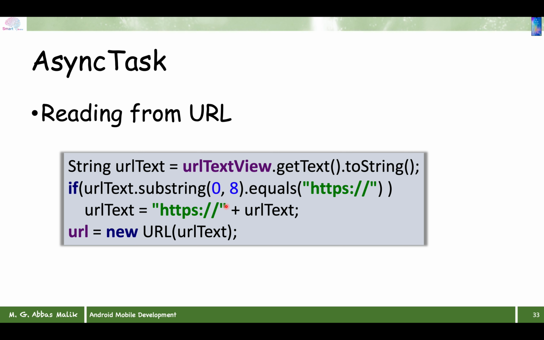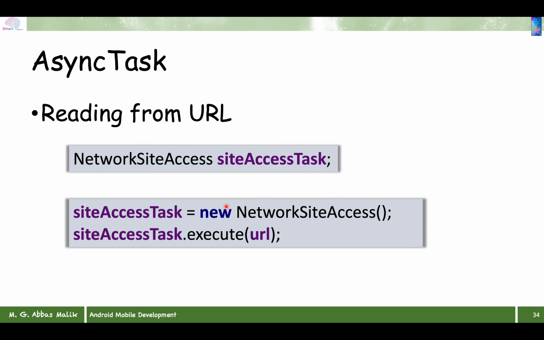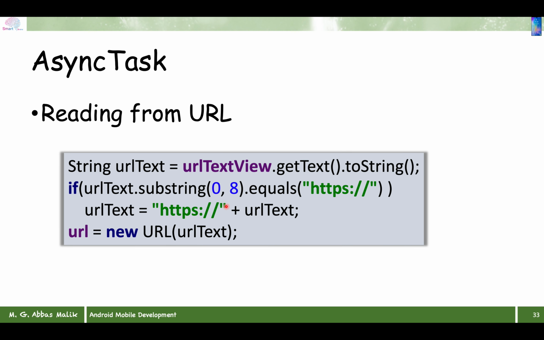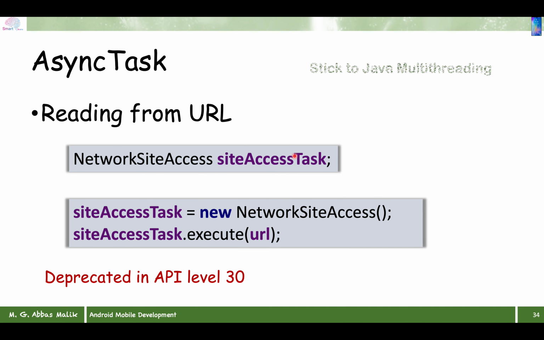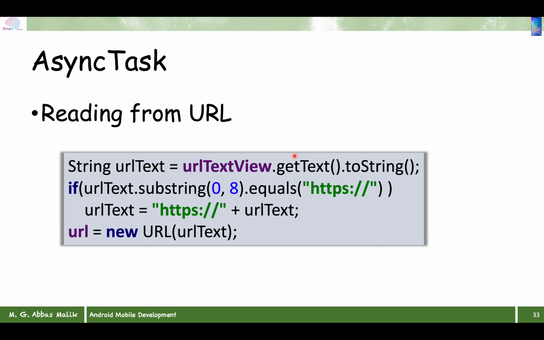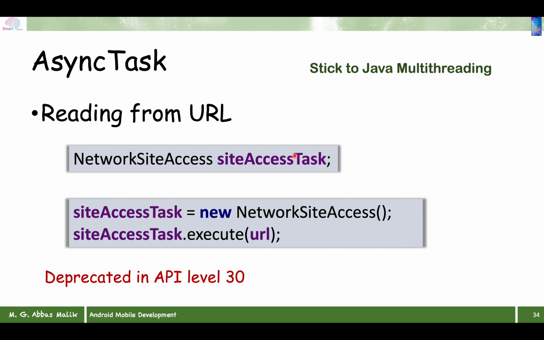So reading from the URL, actually, let me give you the example of this one, but the point is async task now has been deprecated in API level 30, which has been recently updated in Android 11.